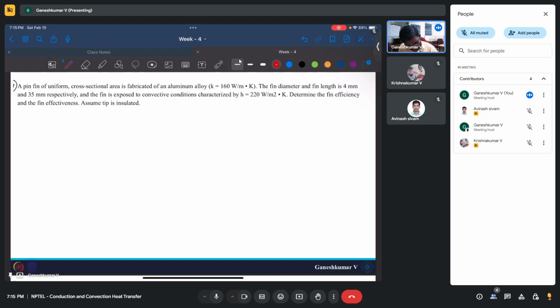Let me draw it so that it will be clear for you guys. So we have some surface, and then we have this fin attached to it. This is a circular fin.